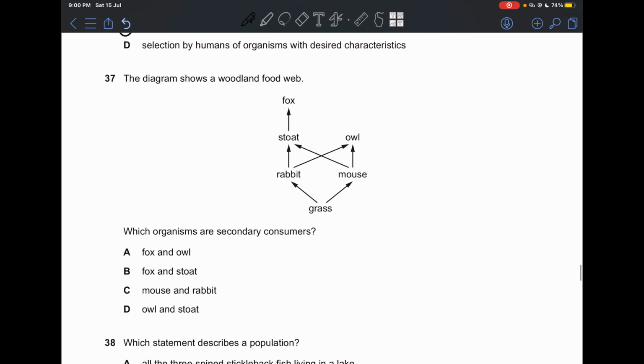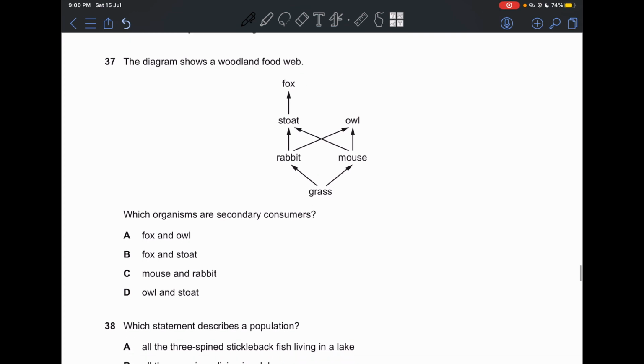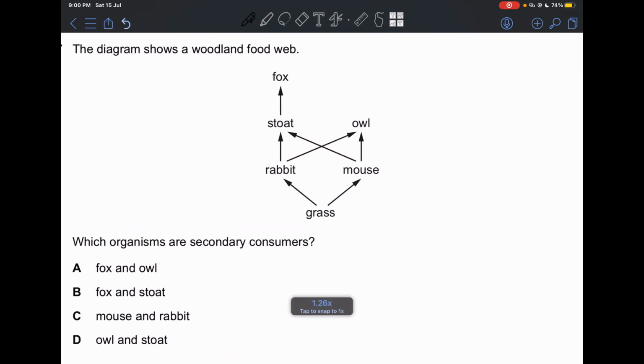37. The diagram shows a woodland food web. Which organisms are secondary consumers? Now over here, we know that secondary consumers are animals that are the third on the food chain. We have first the producer, and then we have primary consumer, and then the secondary consumer. So we have to check over here the food chains and the food web.